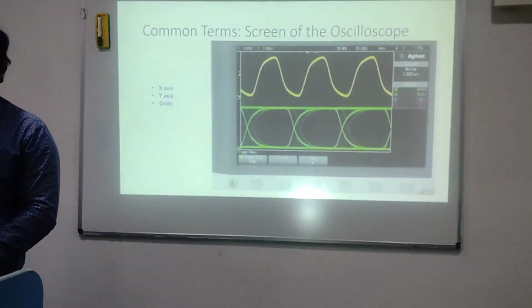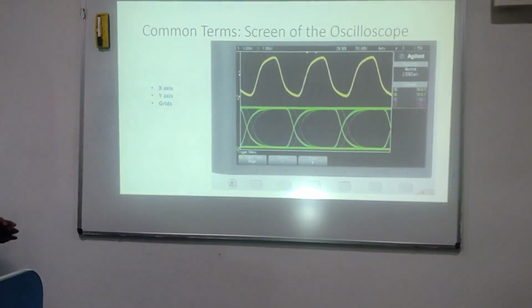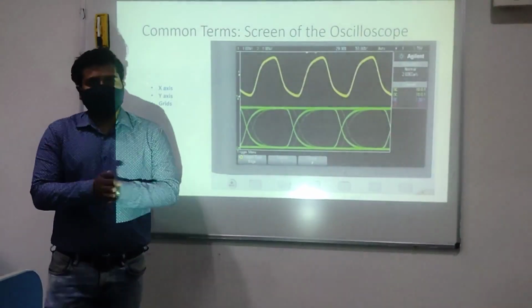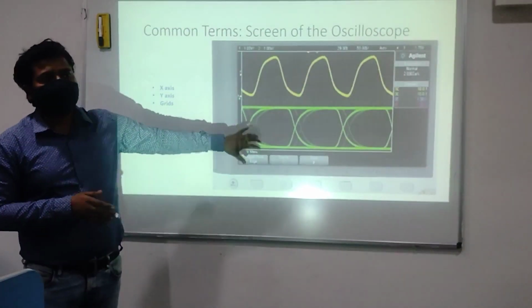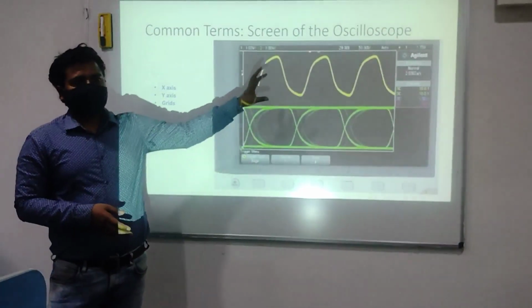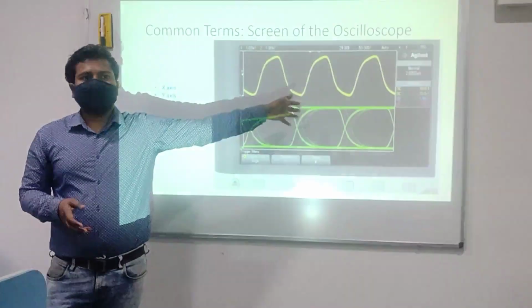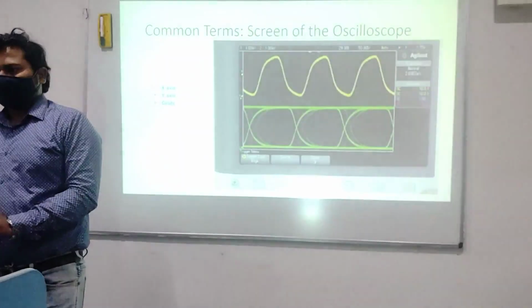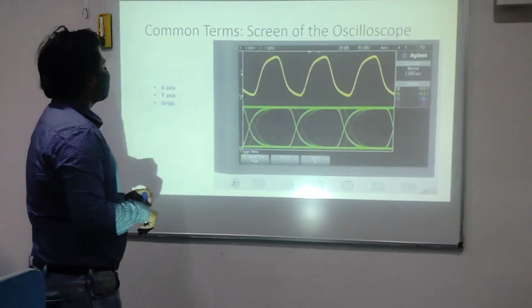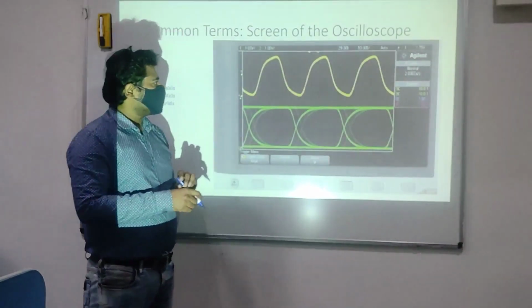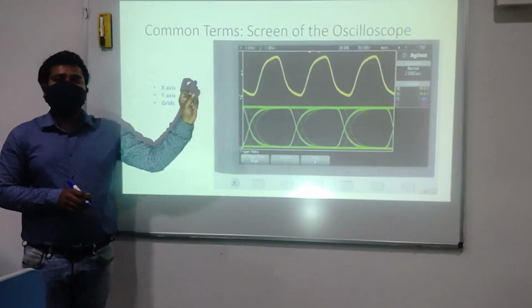You can press that button. So you all switch on the oscilloscope and you will see this nice screen in front of you with some kind of line or deviation. While the oscilloscope is taking time to switch on, let us discuss a few key points.